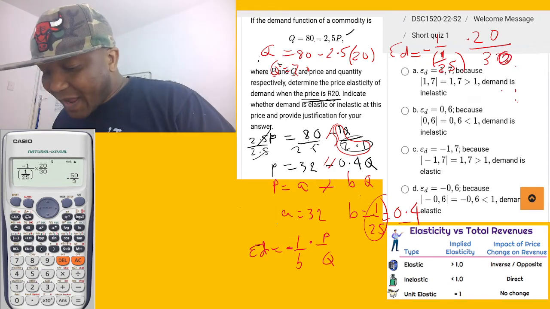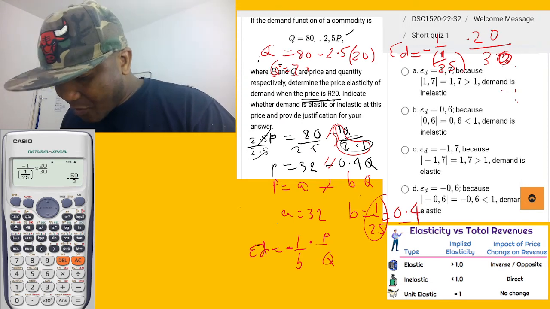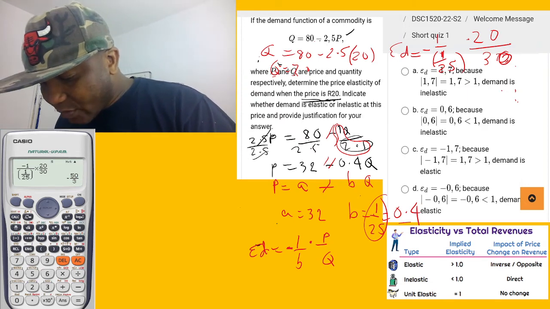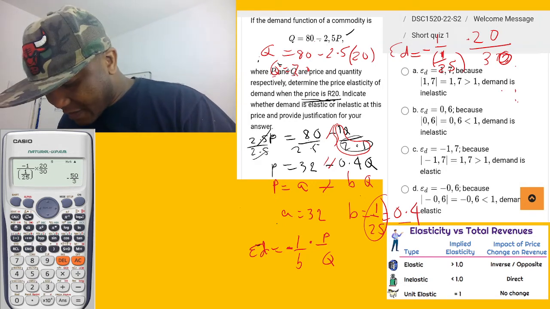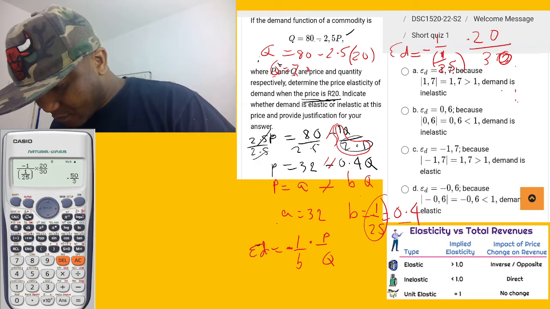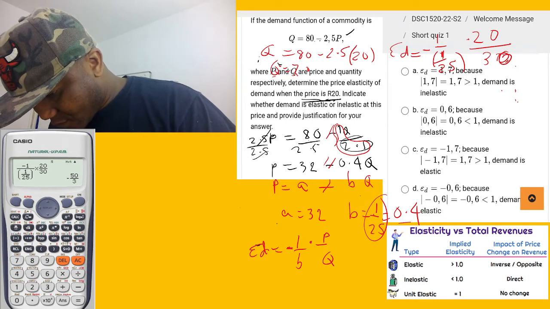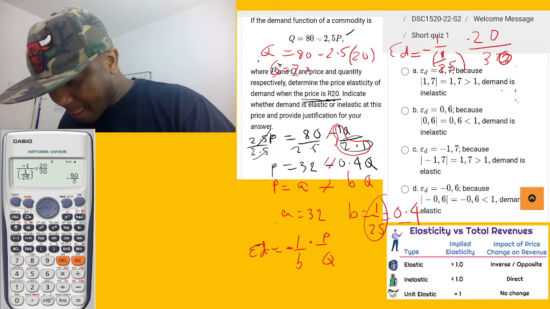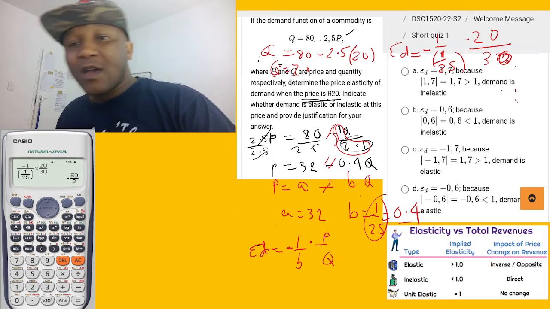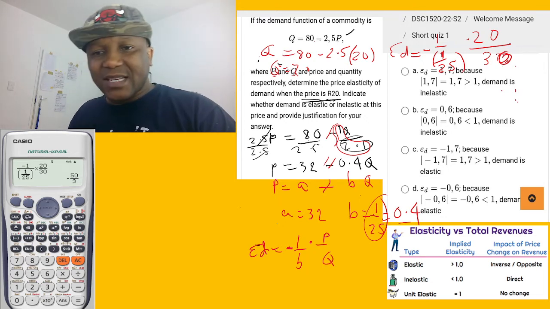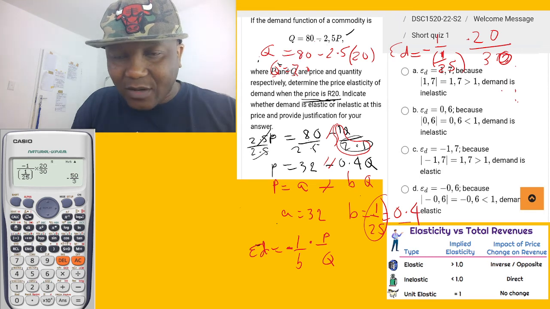Now I'm going to use my calculator. Negative 1, bracket, 0.4, times bracket 20 over 30. Sorry. Yes, so the mistake I made, I think the problem is the calculator. I have to change the calculator.